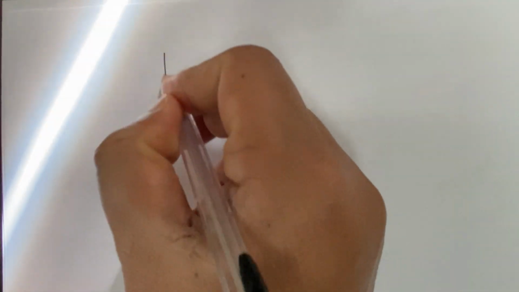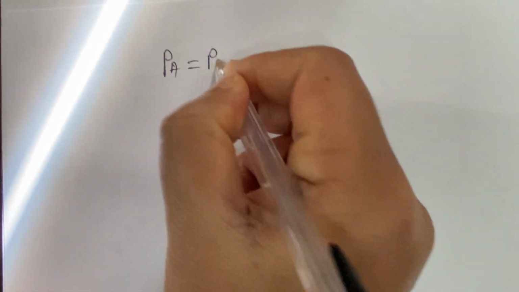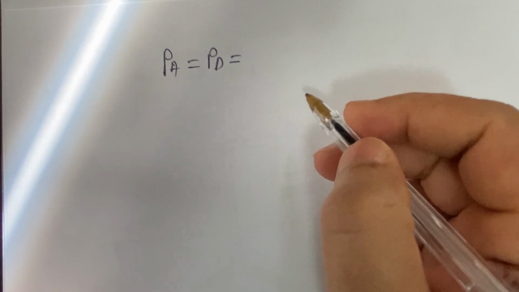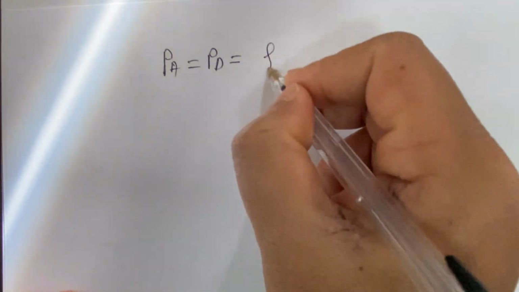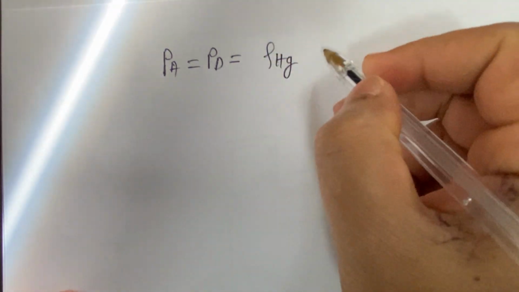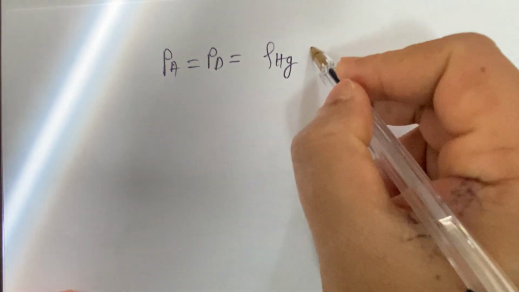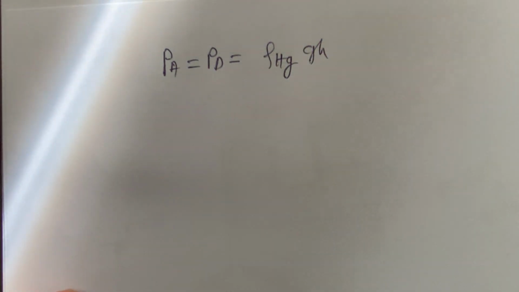So now what we can do is write it like this. If I say the pressure at A and the pressure at D are equal, it is rho times the mercury height and g.